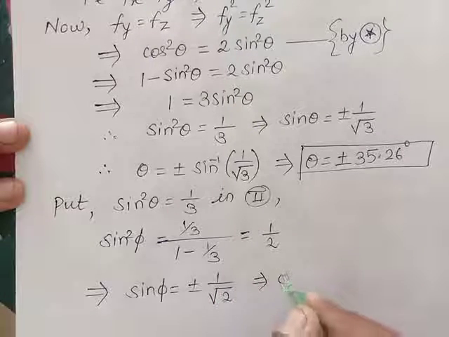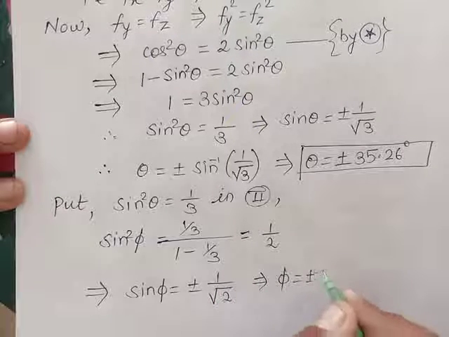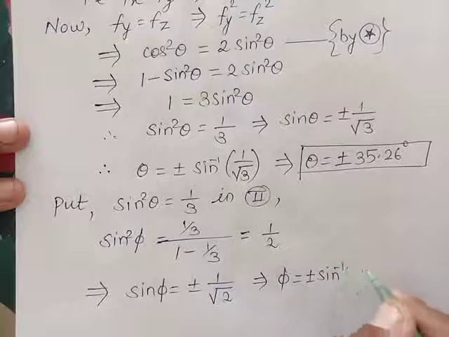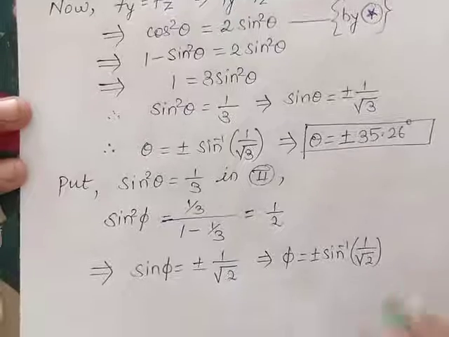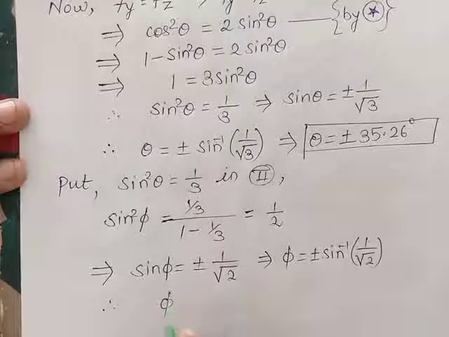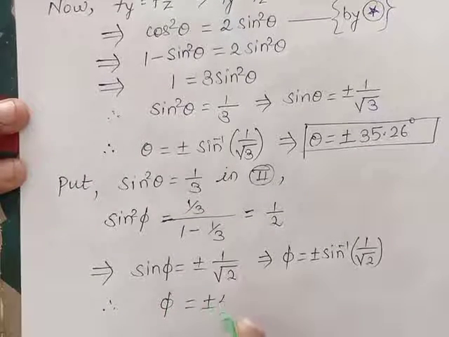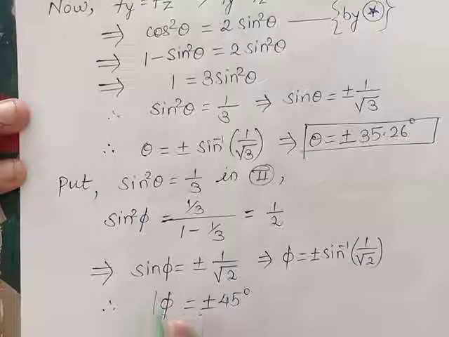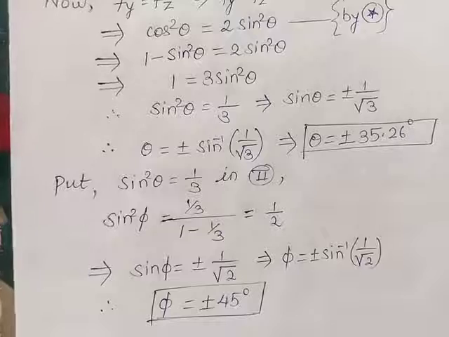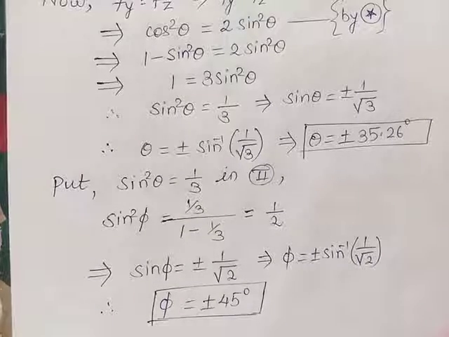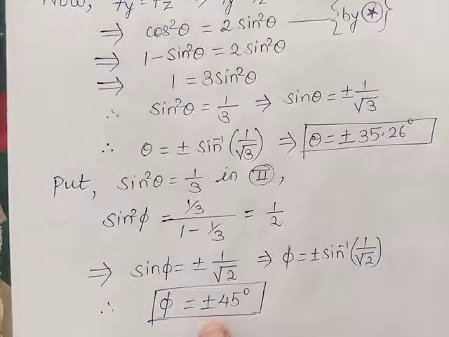That is, phi equal to plus minus sine inverse of 1 by root 2. Therefore, phi equal to plus minus 45 degree. This is the angle for isometric axonometric projection.